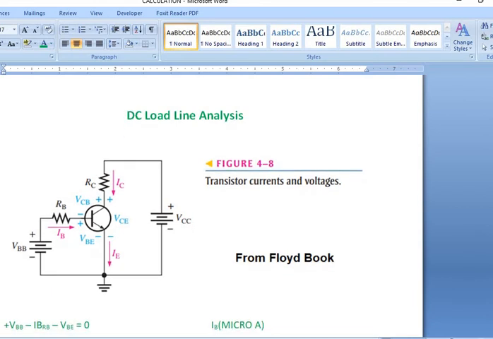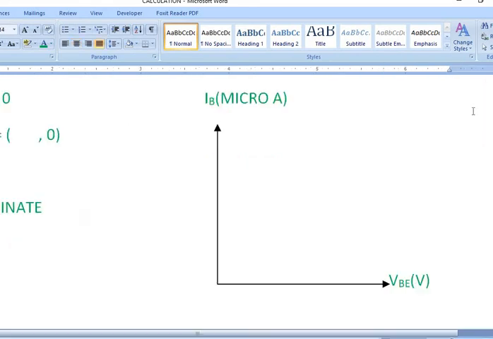For example, we can draw a graph having the y-axis and the x-axis, and we would like to find the relationship between base current and base to emitter voltage.